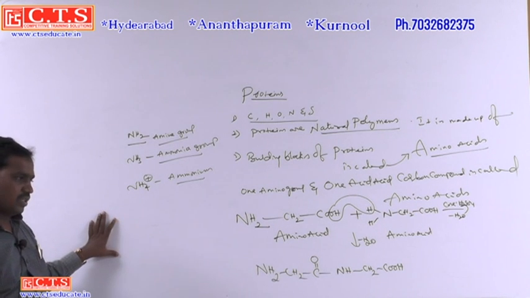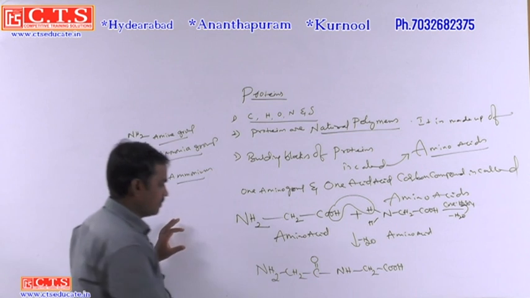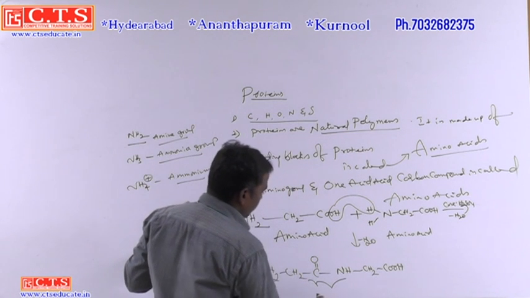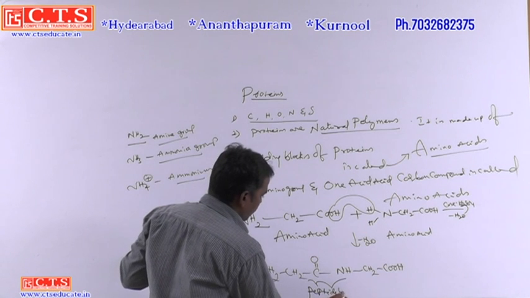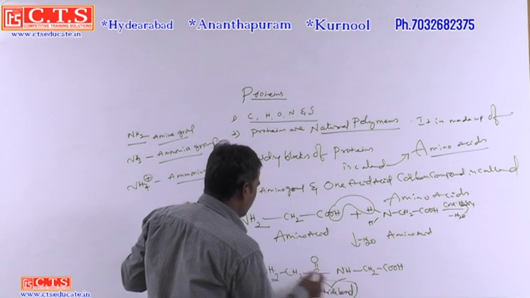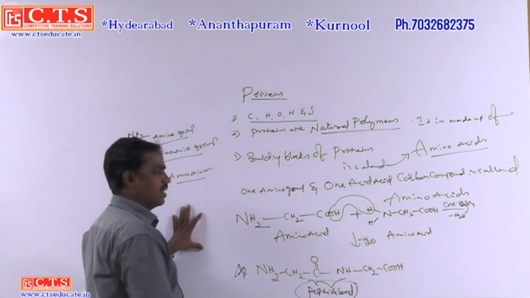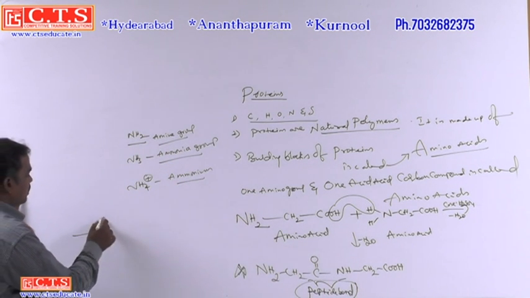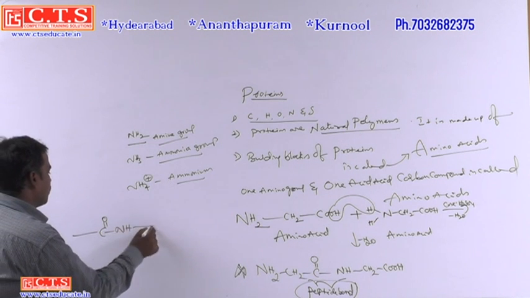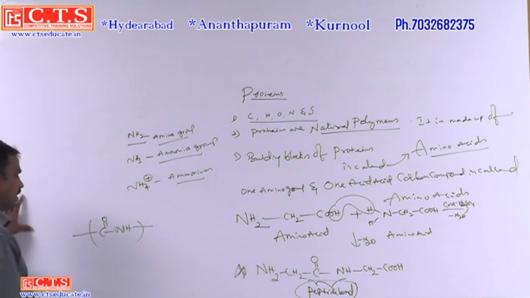The C double bond O, NH bond is the peptide bond. It is a well known important bit.